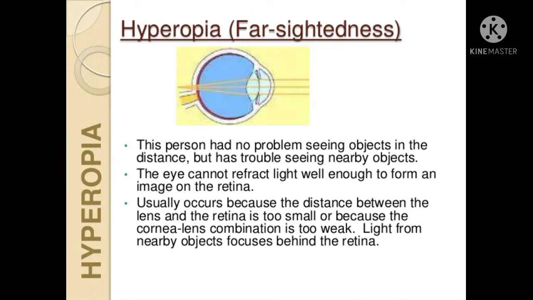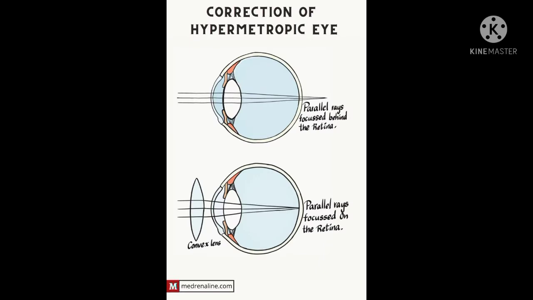The focal length of the eye lens is increased, or the distance between the eye lens and retina decreases. Due to this, the image of nearby objects is formed behind the retina. This defect can be corrected using a convex lens. In this image, we are seeing a corrected image of hypermetropia.